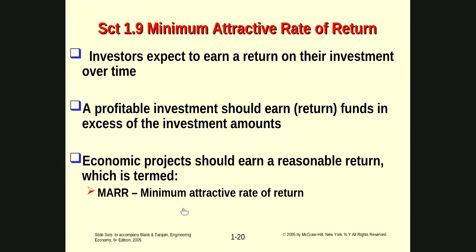The rate of return could be 5%, let's say, and 5% is acceptable to the investor, also 4.5 is acceptable, but 4 is the least he can go with. So we say 4 is the minimum attractive rate of return. And 4.5, 4 and 5 are rates of return, but they are not the minimum.